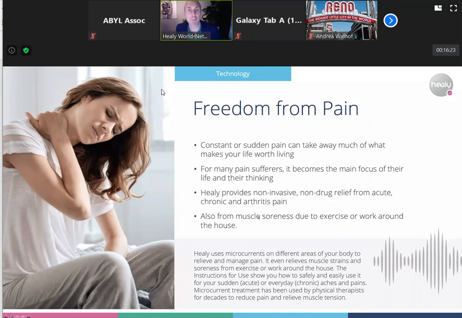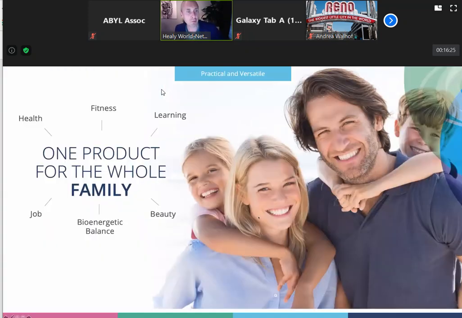Think about that. It's one product for the whole family. We have health categories: fitness, learning, job, and bioenergetic beauty. With one Healy, everyone in the family can be helped. But not even just the family: your colleagues, your friends, your neighbor. How many people do you want to help? If someone would have a migraine, would you say, okay, maybe I have a solution?